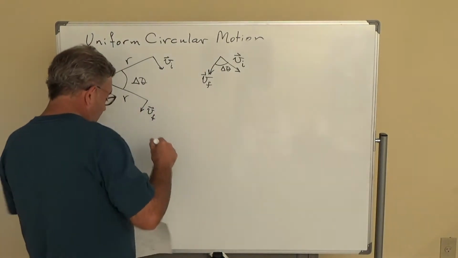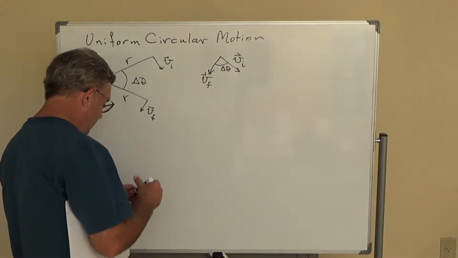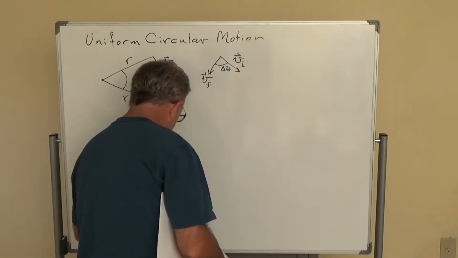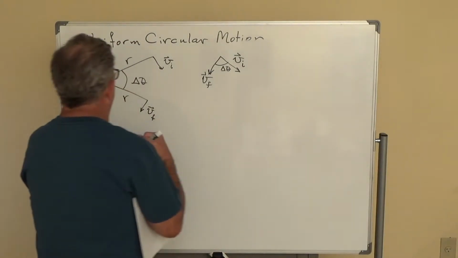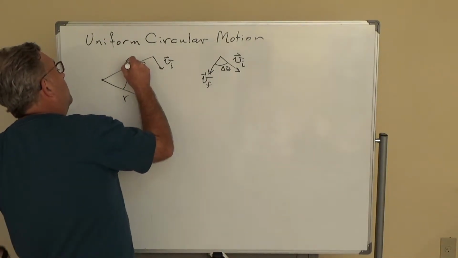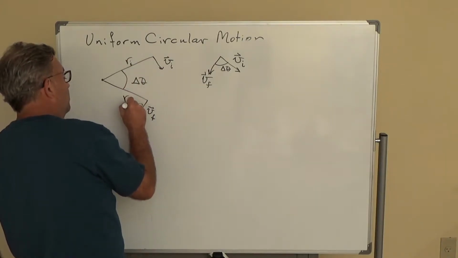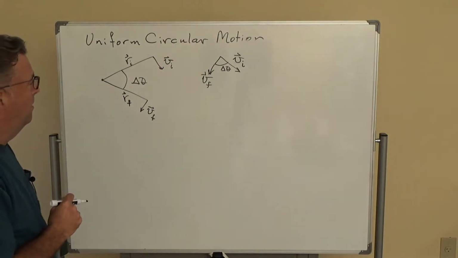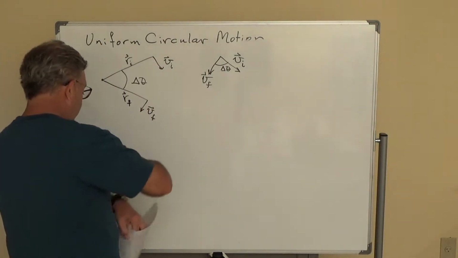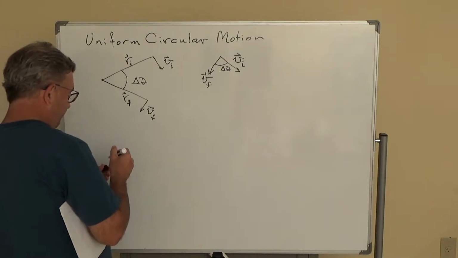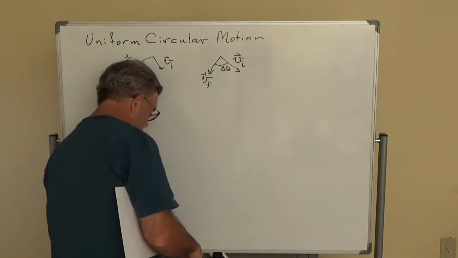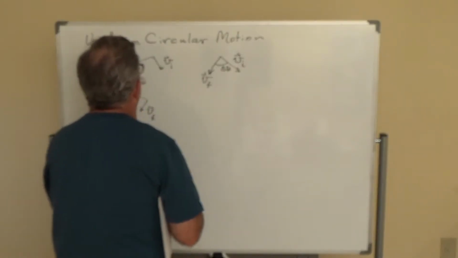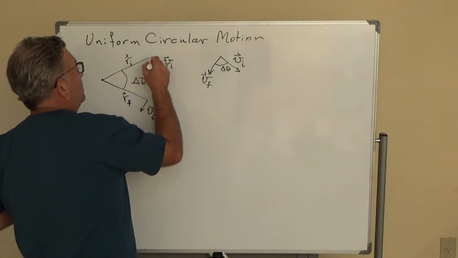Then this would be, let me draw this. Let me call this r initial. So these are our position vectors. This is r initial and this is r final. Delta r is here.